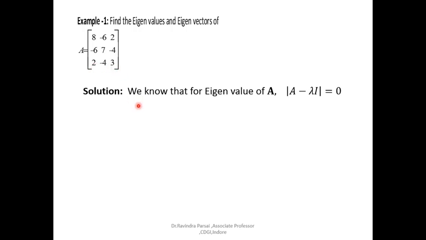Now for finding the eigenvalues and eigenvectors, your objective is to first find the eigenvalues. For this we write the eigenvalue problem, or you can say the characteristic equation of the matrix: determinant of A minus lambda I equal to 0.